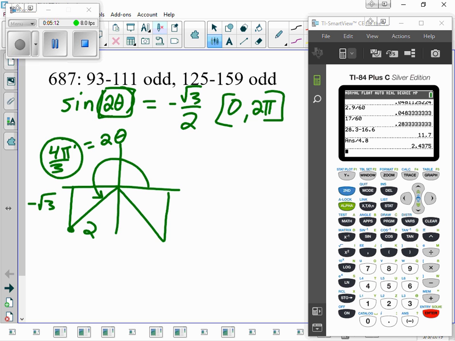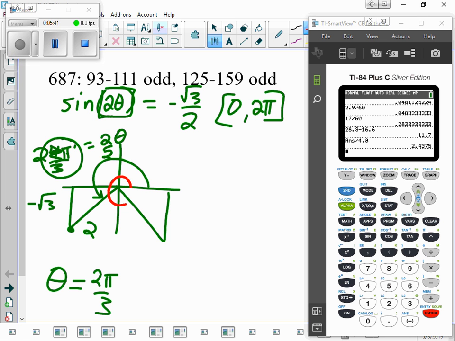Two pi over 3. Does everybody see that? So 2 theta is 4 pi over 3. So if I divide by 2, that cuts this 4 in half. So theta is equal to 2 pi over 3. Does that angle fit in the window? Yes. So we're okay.